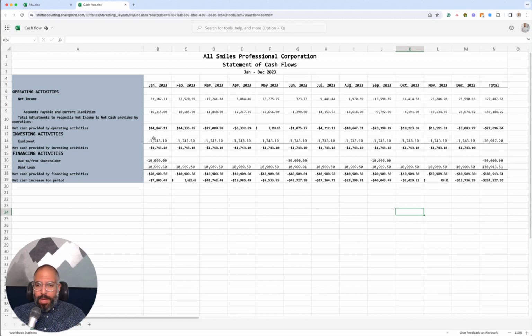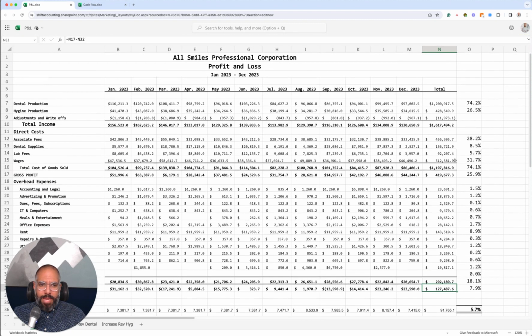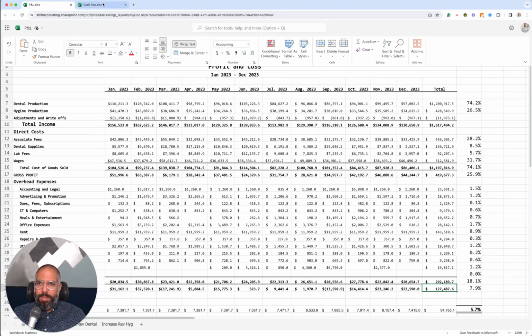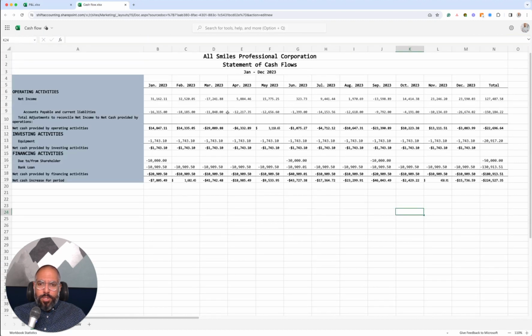Additionally, equipment, let's say we purchase equipment throughout the year, that would show up in the cash flow statement. Let's say, in my example for the P&L, I'm making the assumption that the owner dentist received an associate fee, okay? So that is the example that I'm referencing here. So this already was part of calculating the net income.